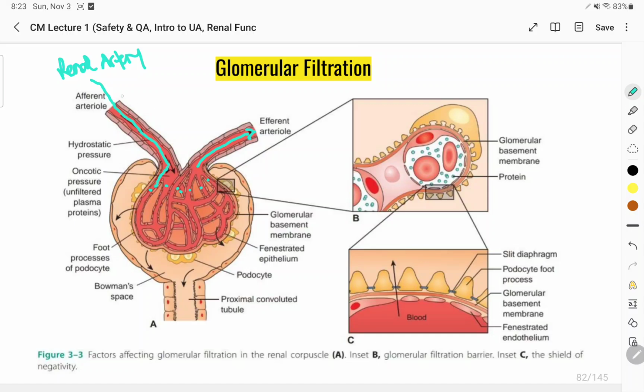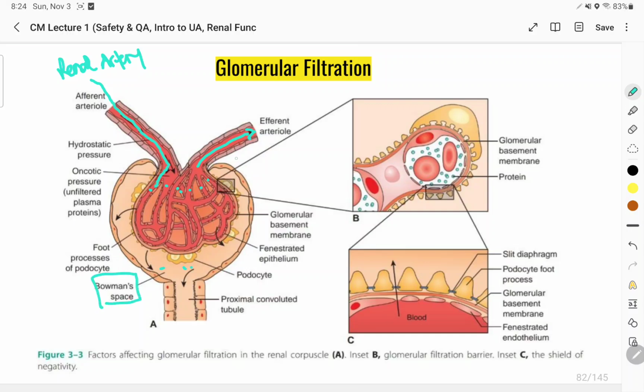Okay? So, the blood goes from the renal artery, goes through the afferent arteriole, and then it goes through our approximately 8 lobes of capillaries, diri gihouse ang Bowman's capsule. So kani ang Bowman's space.